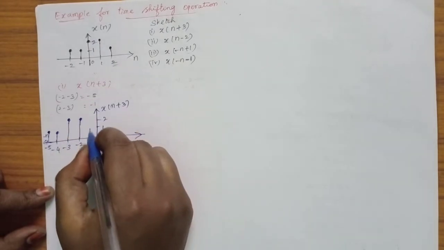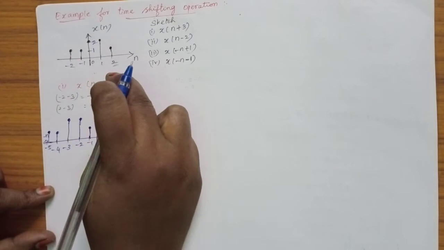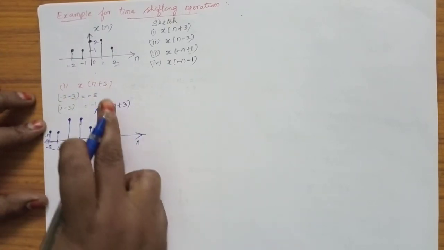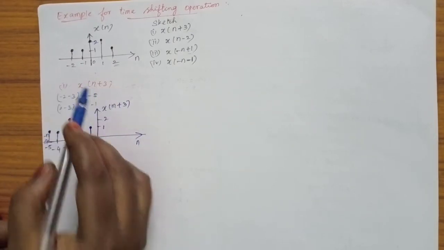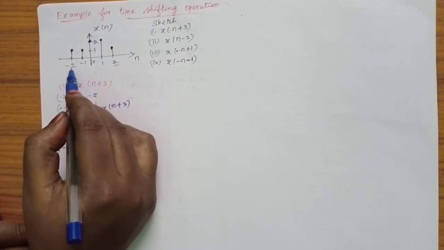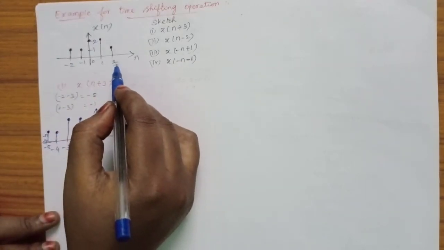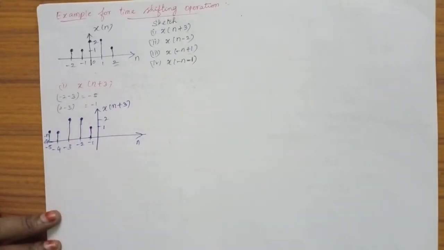The same signal I am dragging towards the left side by 3 samples. The initial point moves from minus 2 to minus 5, and the last point moves from 2 to minus 1. So this is x of n plus 3.